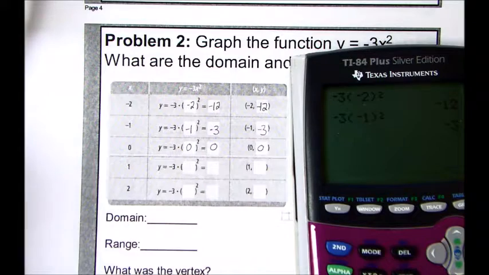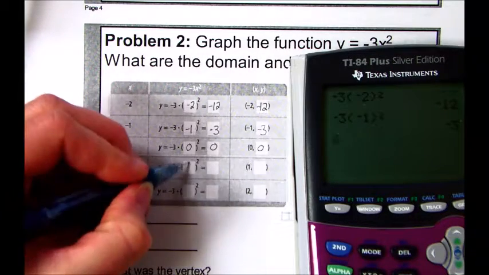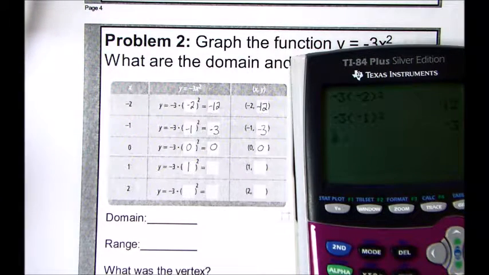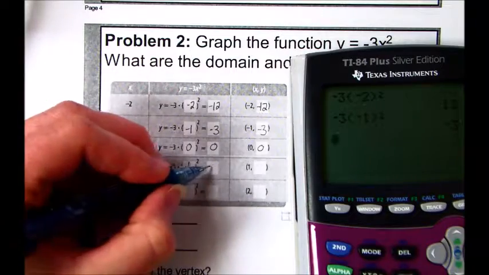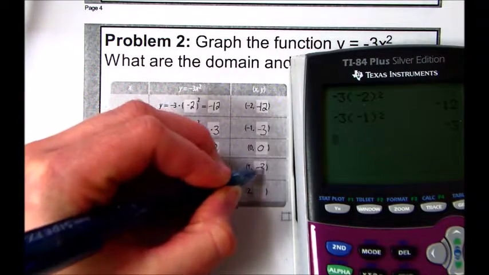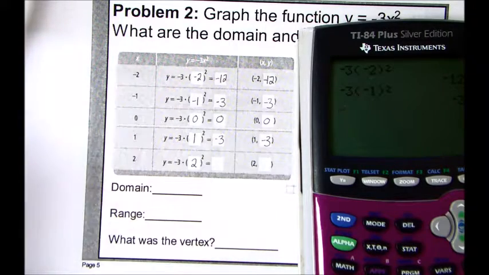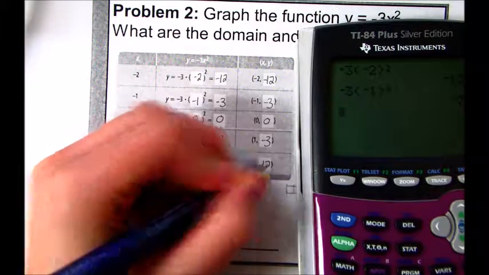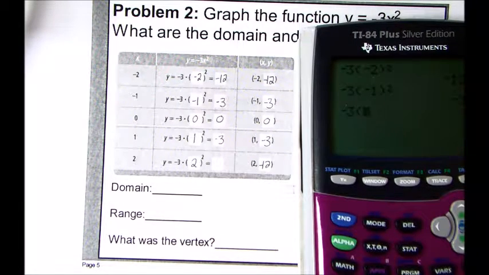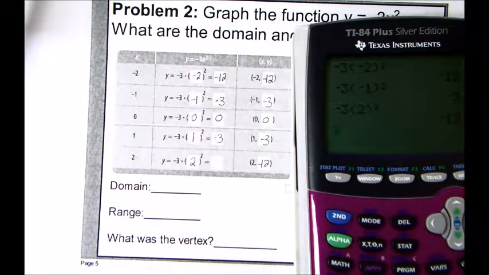So we get (0, 0). Plug in 1. So 1 squared is 1 times -3 is -3. And plug in +2. +2 squared is 4. 4 times -3 is -12. Again, you can always use your calculator. Just make sure you use parentheses.